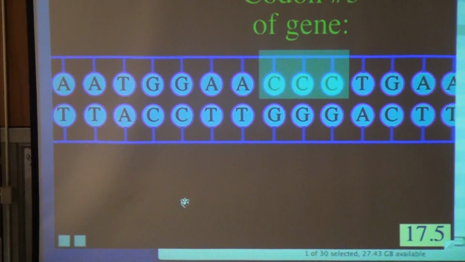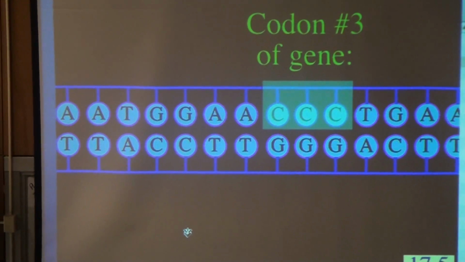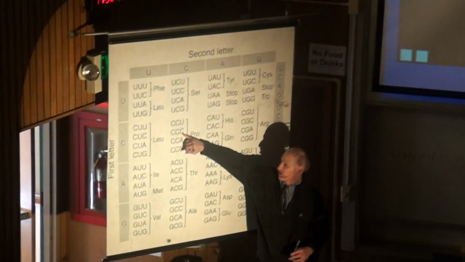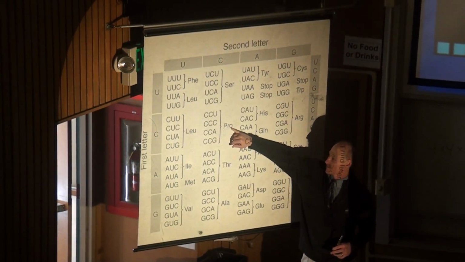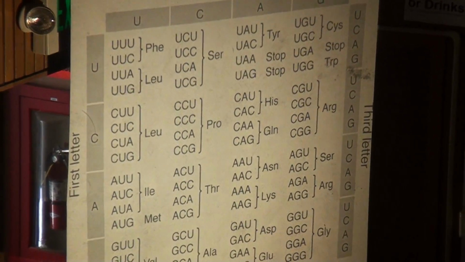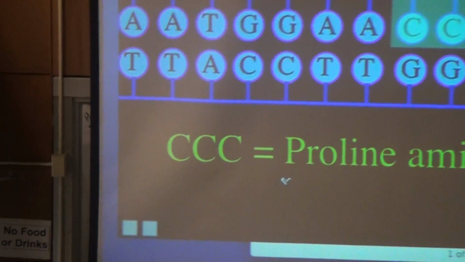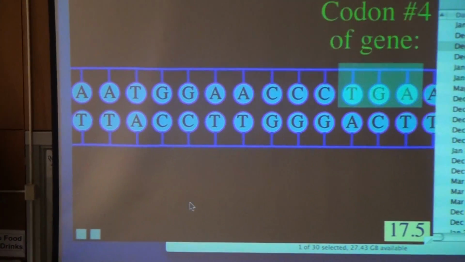The third codon is CCC here, and to the cell, that codon in the DNA stands for the amino acid proline, so the cell knows that the third amino acid of this protein is proline. The fourth codon is kind of special.